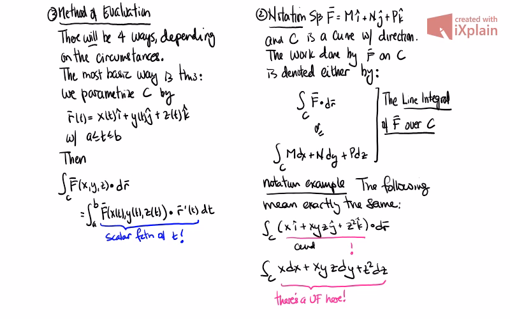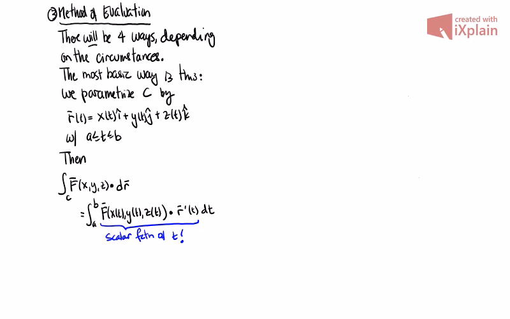So let me look at an example, and then I want to do the same example with this other notation, because it may look like things are different depending upon the notation, but they're not. So here's an example. I'm going to make this first example really, really simple. I'm going to give you the parameterization, because what I want us to see is how we get the final integral.